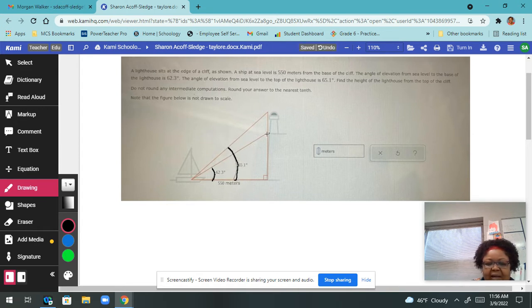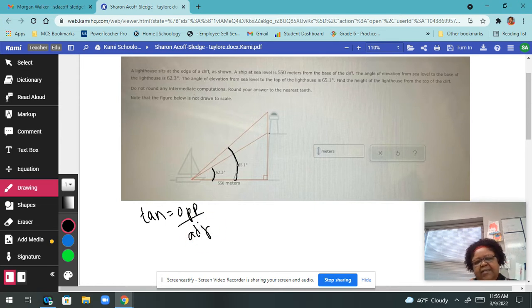So we know an adjacent side, we know an angle, and we're trying to find the opposite side. So opposite and adjacent gives me, remember, tangent is opposite over adjacent. That's something you need to memorize.